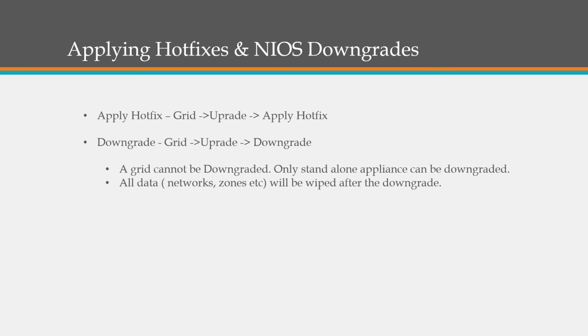Only a standalone appliance can be downgraded, meaning it's okay to have a grid license, but if you don't have any members on that particular appliance, you can downgrade that appliance. But the point is that you can downgrade only a single appliance. If you have another appliance joined to the grid, then it's not possible. Basically, the grid cannot be downgraded.